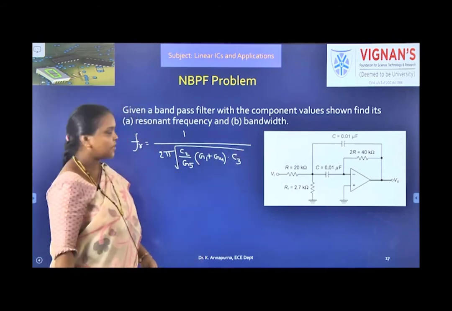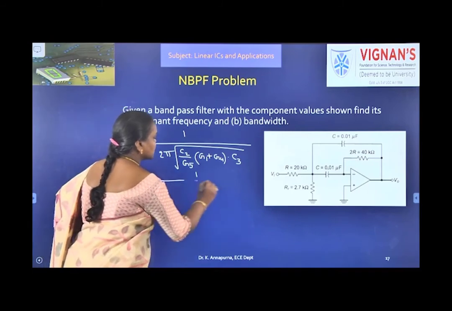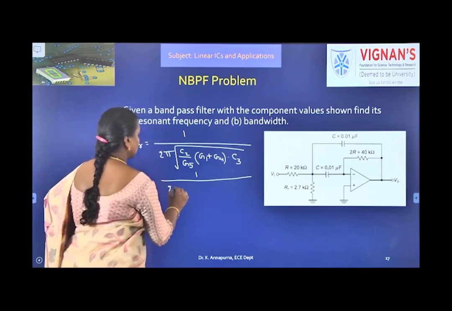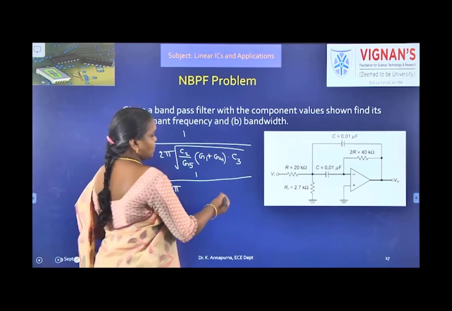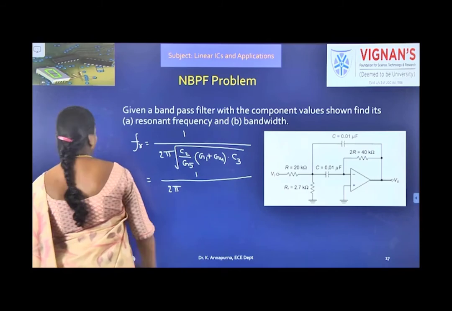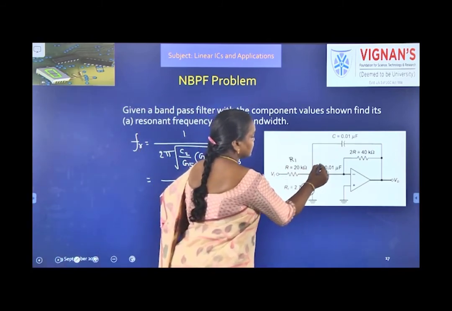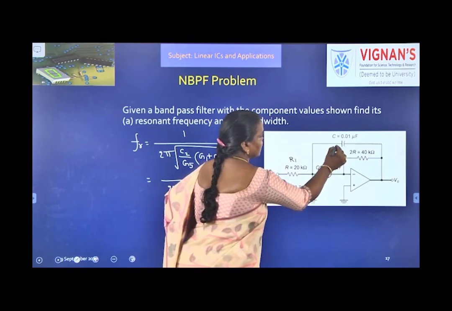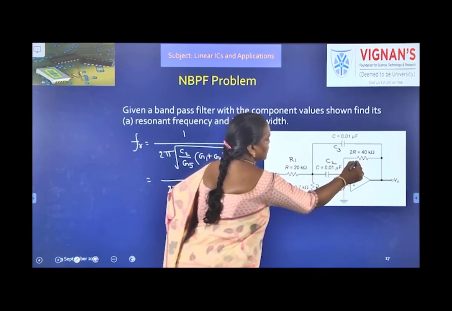Okay, this is the resonant frequency formula just now we have derived. So in this you substitute. Here you should know this is R1, this is C2, this is C3, this is R4 and this is R5.